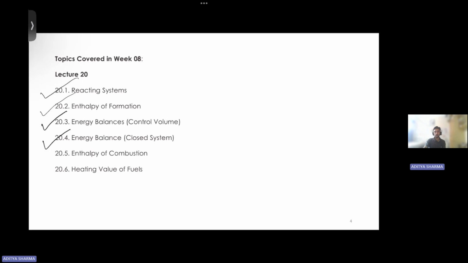How do we define our energy balance, or should we call it the energy rate balance, because we are dealing with a control volume, so the rate of energy is to be balanced.